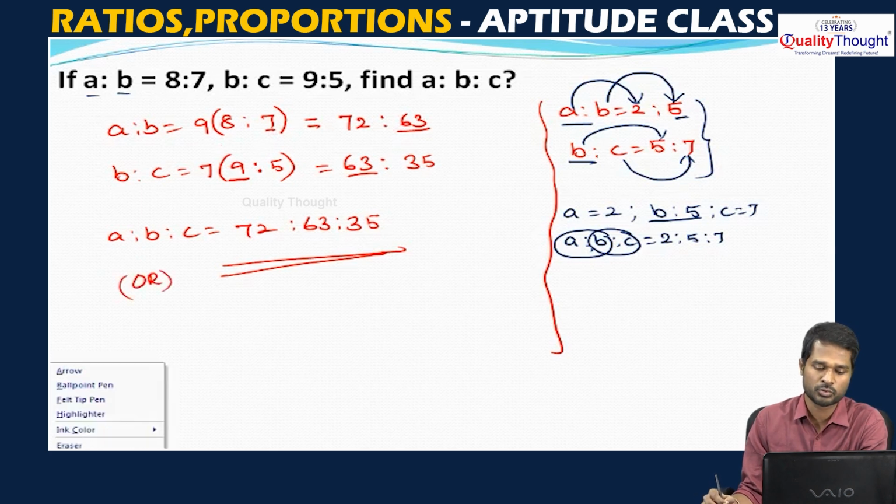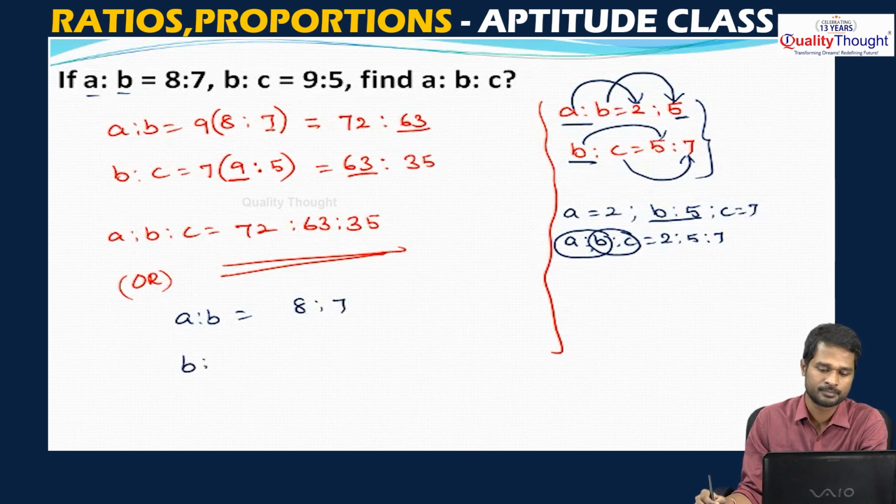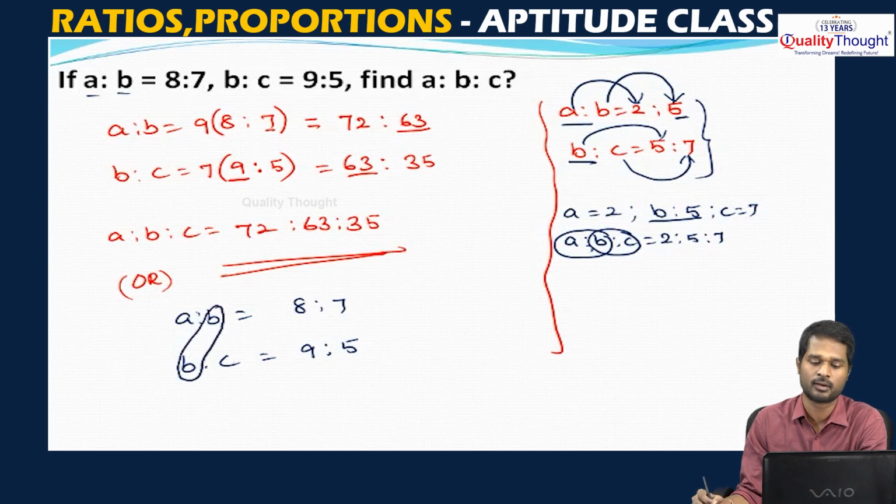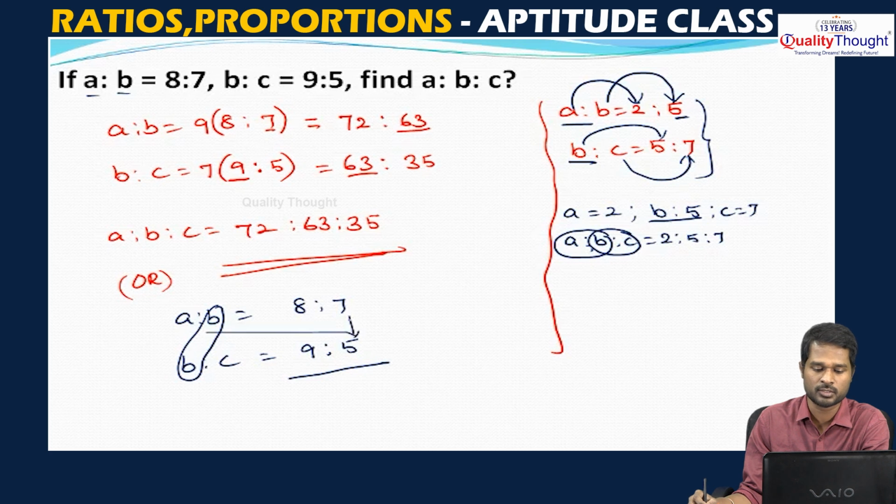Otherwise, the ratios can be taken like this. A is to B is 8 is to 7 and B is to C is 9 is to 5. Now we need to make the B value common.